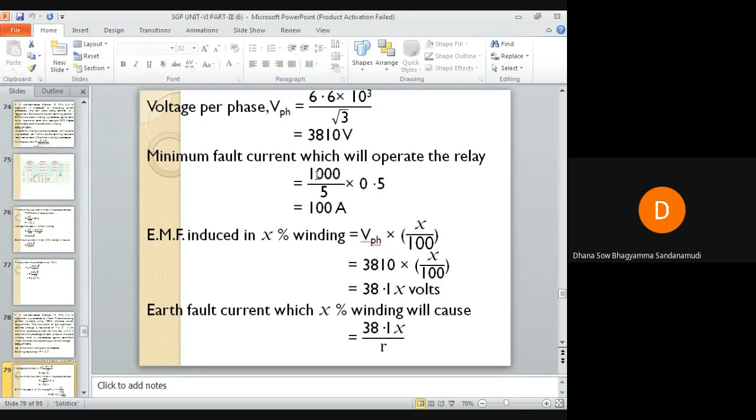So the current transformer ratio is 1000 by 5, multiplied by the minimum operating current of the relay, that is 0.5 amperes. So 1000 by 5 into 0.5, you will get 100 amperes.